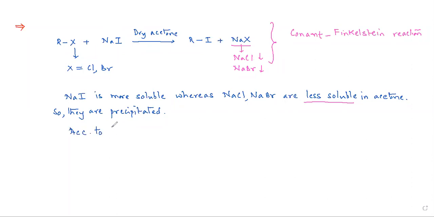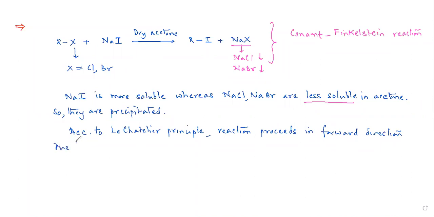According to Le Chatelier principle, the reaction proceeds in forward direction due to the precipitation of sodium chloride or sodium bromide.